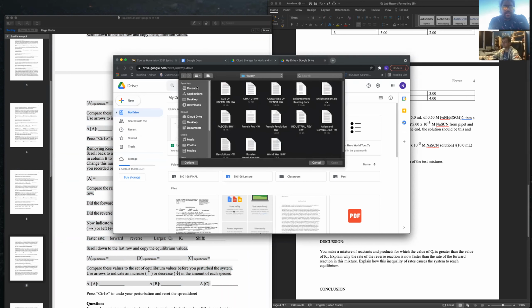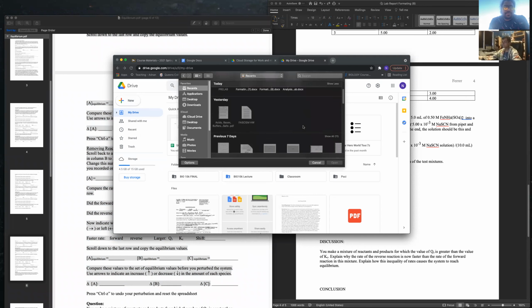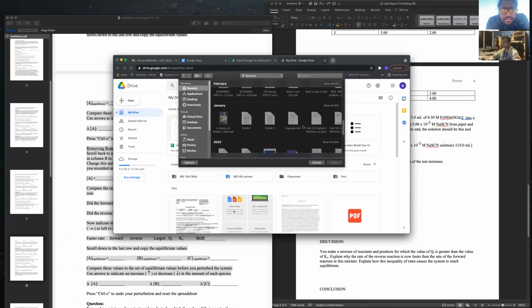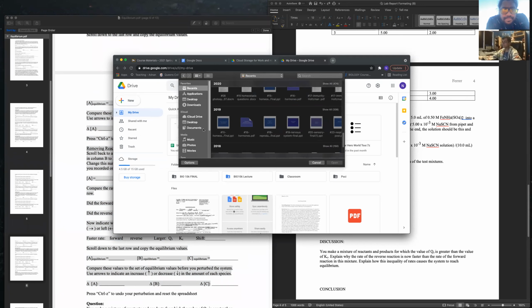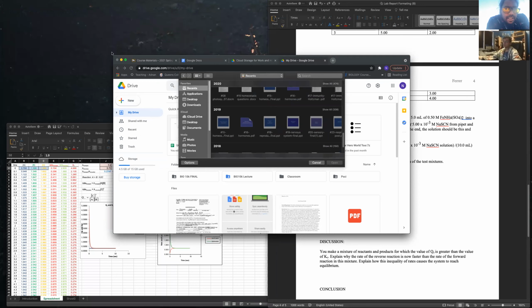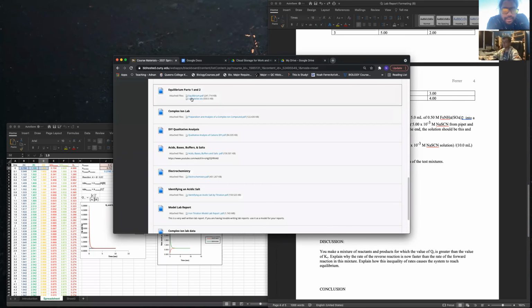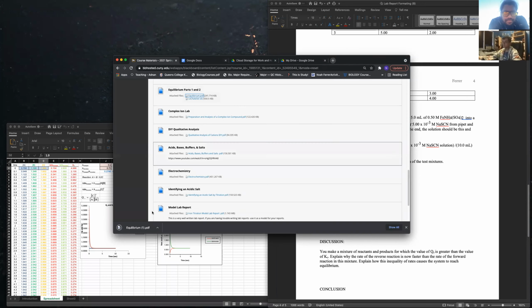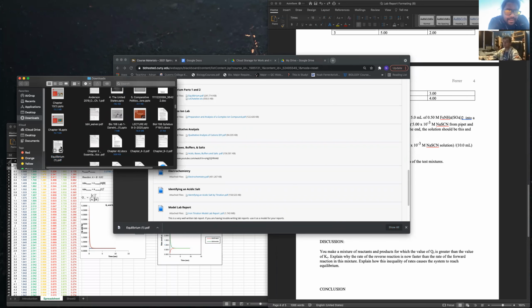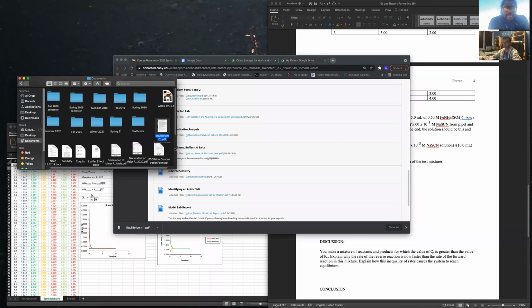Then find it in there. It's called Equilibrium PDF. Yeah, I know. I gotta re-download it, I think. Okay. Show in Finder. It's under downloads, yeah. Recent is just, whatever's recent. Okay. All right, there we go.